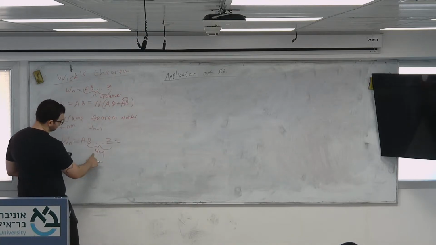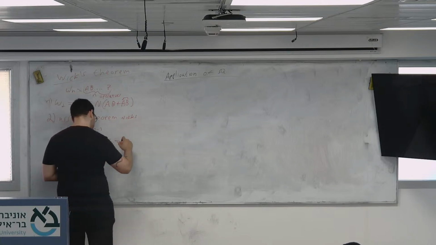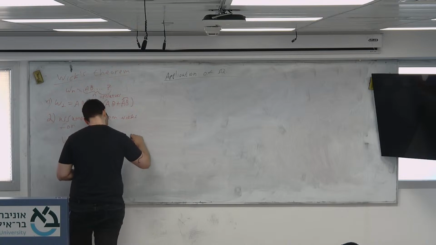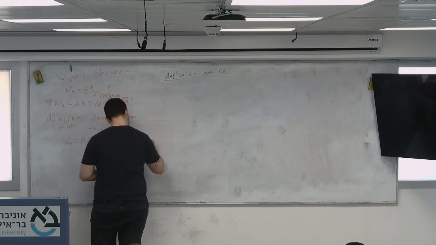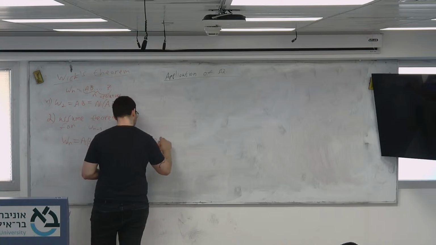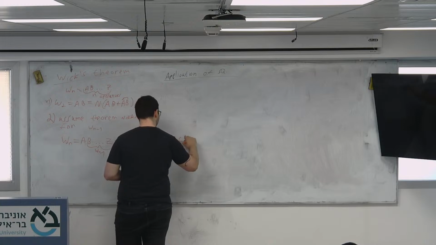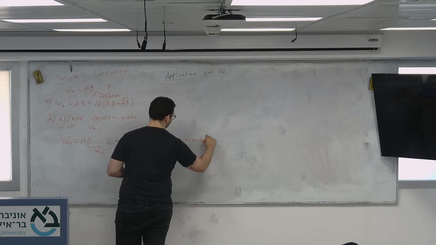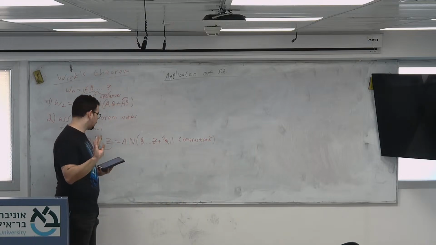We know that we can represent this n-1 state as some normal order of states. So it will be A times normal order of B to Z plus what we will call all contractions. Alright? So far I did nothing.